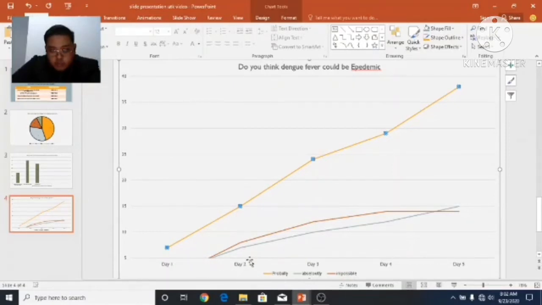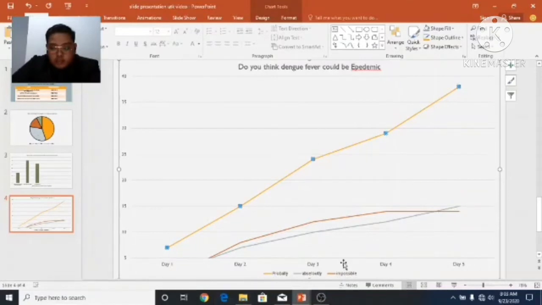From day 2 it increased to 7 students, then day 3 we got 10 students answering absolutely, then it increased to 12, and then stayed at 15, an increase of about 3 students. At the end, the total number of students that answered absolutely is 15.